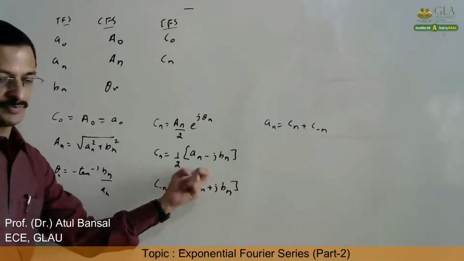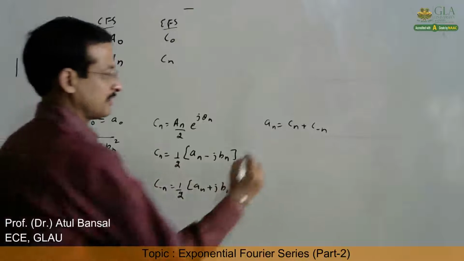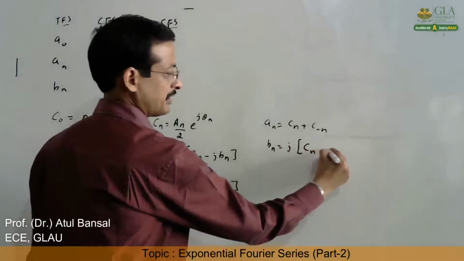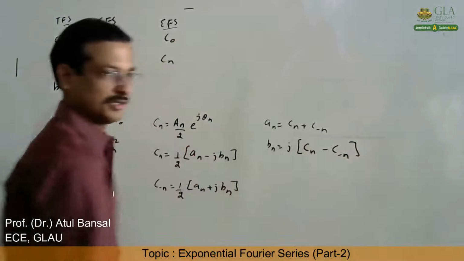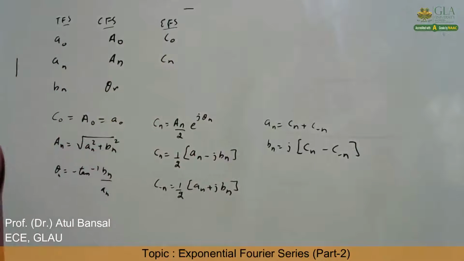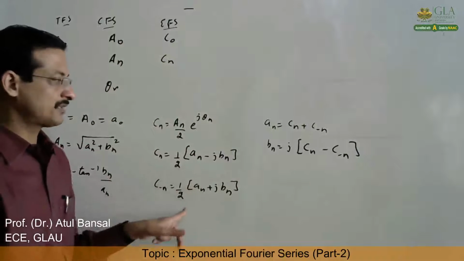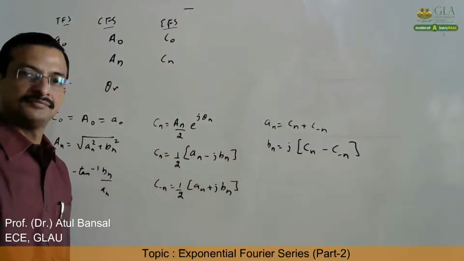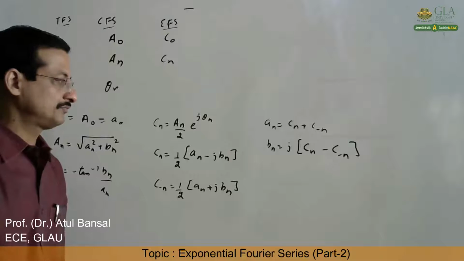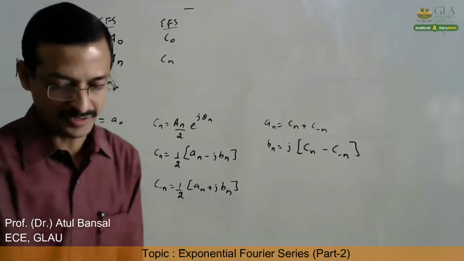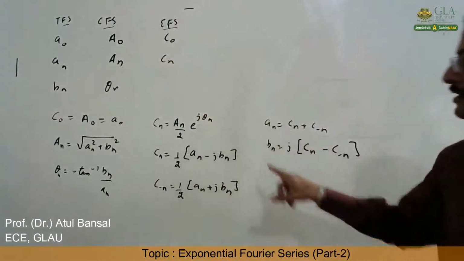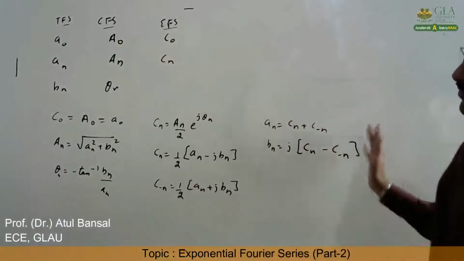And if you subtract, we can get Bn equals j times (Cn minus C of minus n). Multiplying with j and adding, we will get this. You can check it out. We will get these two relations. So these are the relationships between the different forms of the Fourier series.